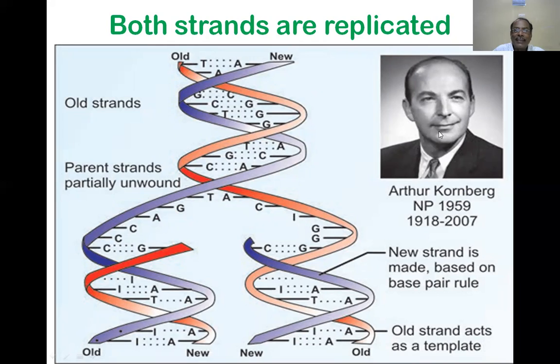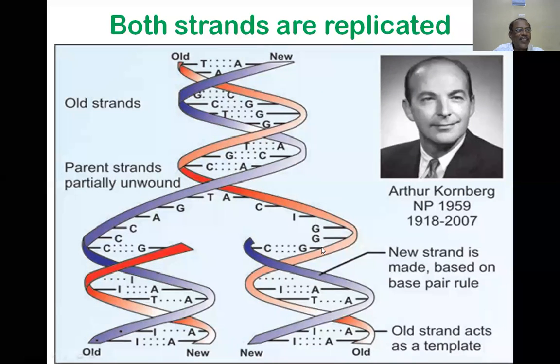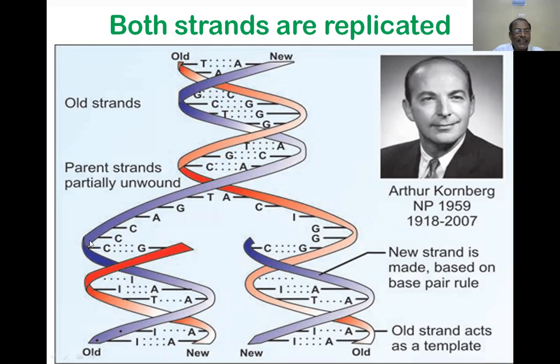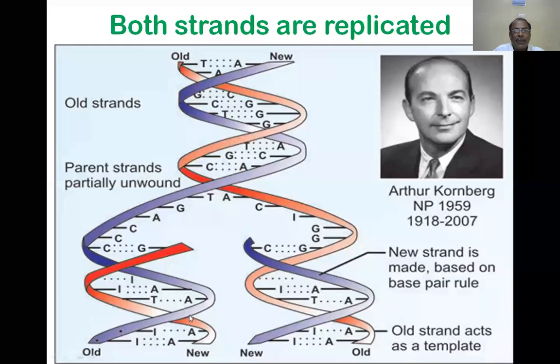So he has the credit of discovering DNA polymerase, which joins a nucleotide to a nucleotide to a nucleotide, synthesizing another strand and using the mother strand as a supporting scaffold. And this is how two molecules will be produced.